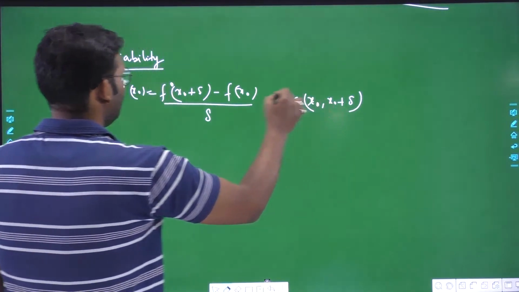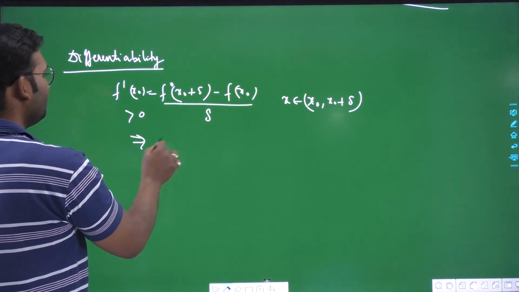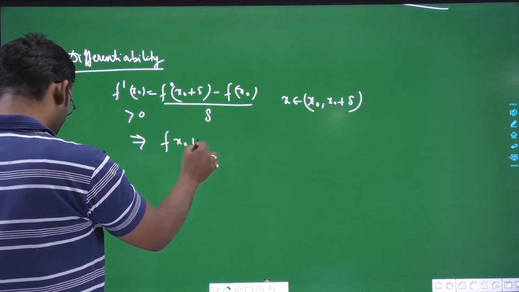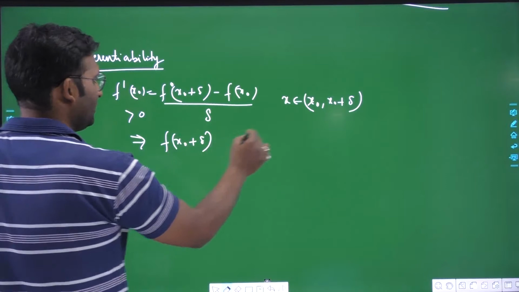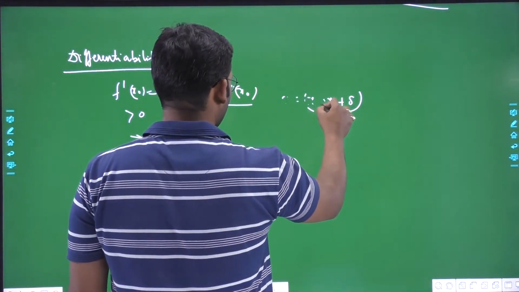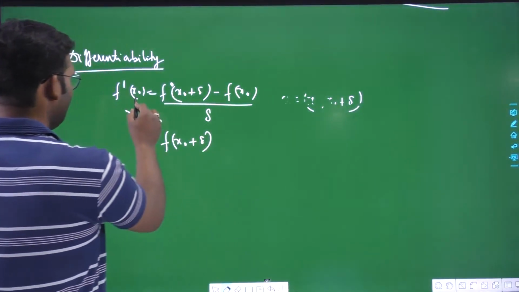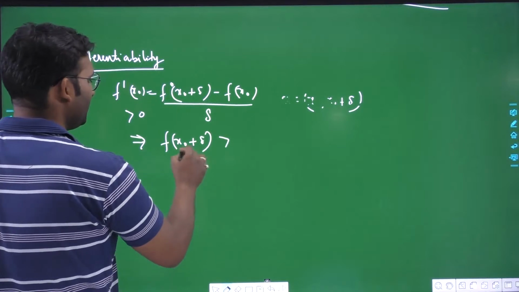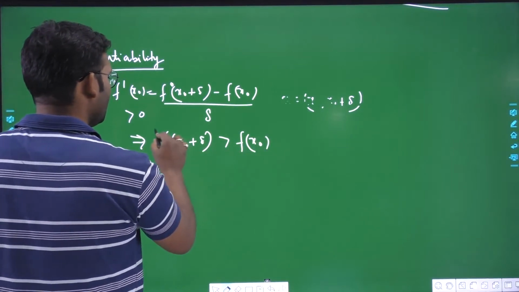If f dash x naught is greater than 0, it itself implies f of x naught plus del will be greater than f of x naught. What does it imply?